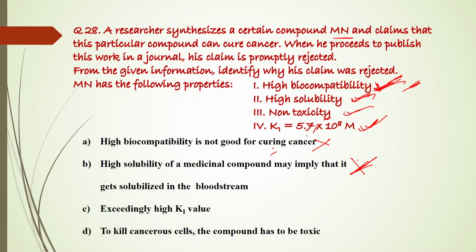The next one is non-toxicity. Obviously, it has to be non-toxic. What does non-toxicity mean? You have invented a drug somehow and it works on the cancerous cells. Very good. But whenever a person has cancer, that means he or she has both healthy cells and cancerous cells.